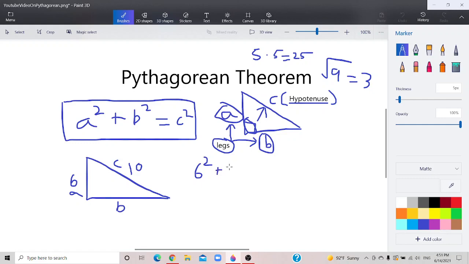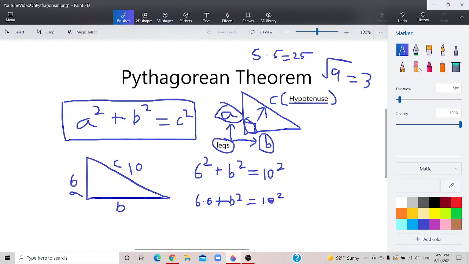We don't know what that is yet, so we'll just keep it as B squared. And C squared. C is 10, so 10 squared. So 6 times 6 plus B squared equals 10 squared.